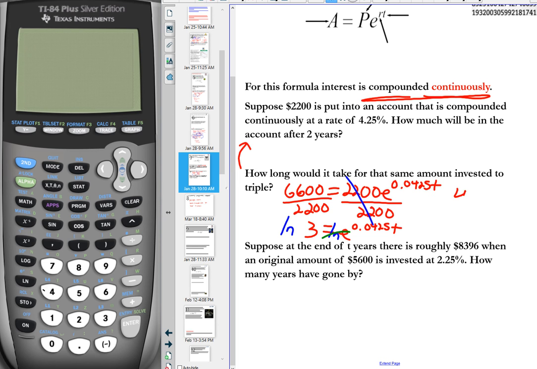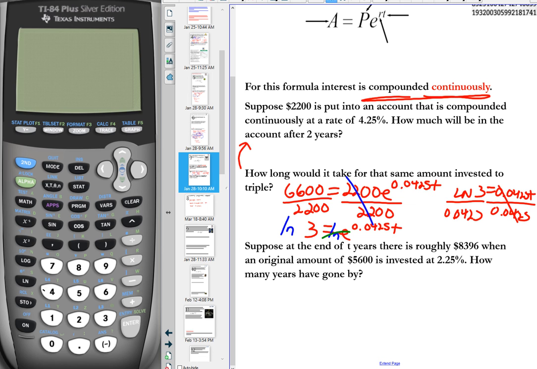So I'm going to do ln of 3 is equal to 0.0425 t. The last step is to divide by that 0.0425.